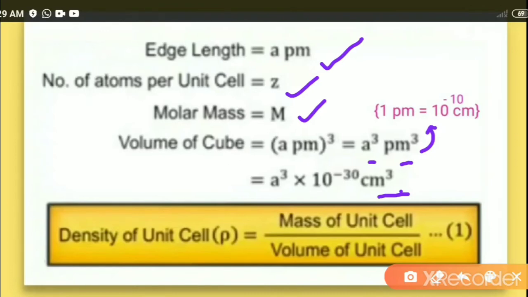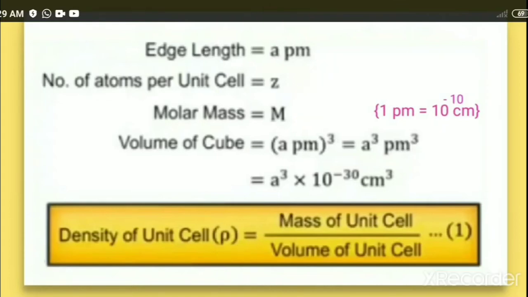Let us find the formula for density of the unit cell. Density of the unit cell, represented by rho, is equal to mass of unit cell divided by volume of the unit cell. Let me take this as equation 1.